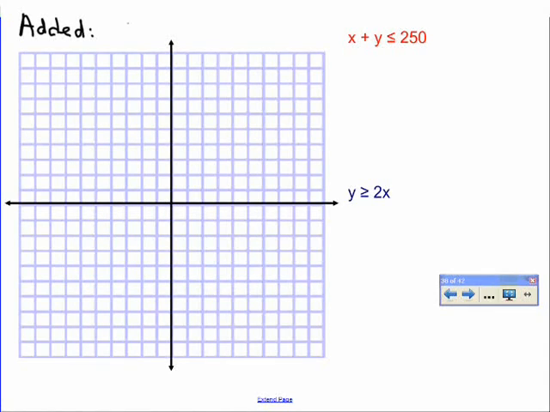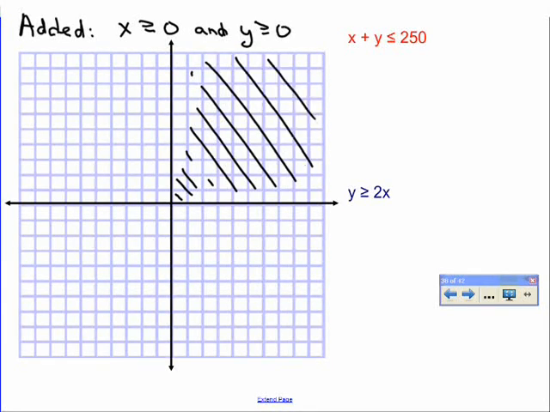And so we have two additional constraints that just come from the context of the problem, that the number of donuts must be a positive number, and the number of muffins that we're dealing with must also be a positive number. Now this is the case for most real-life situations. And so that restricts us to the first quadrant of our Cartesian plane. So we can neglect quadrants 2, 3, and 4.